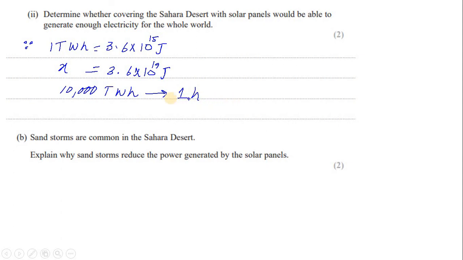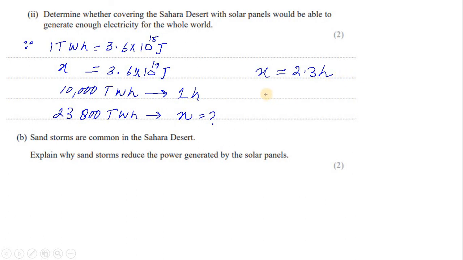So in 2014 data, we have 23,800 terawatt hour. So how much time do we need? Again, X, just question mark. Then if you do cross multiplication again, your X would be equal to 2.3 hours, so approximately 2.5.